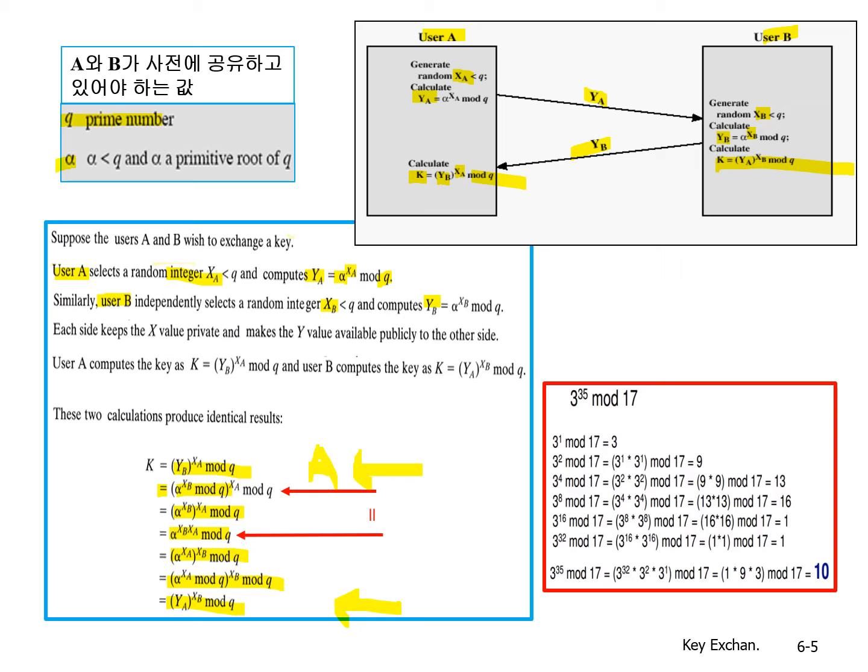Then A and B share the same secret key K.